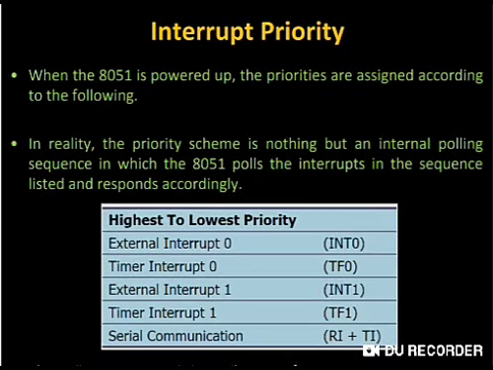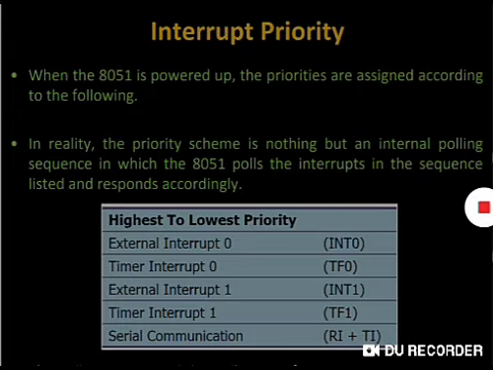So if all these interrupts occur together at a time, which will be served first? According to the table, external interrupt 0 will be served first. This is the default status of the interrupt priorities.